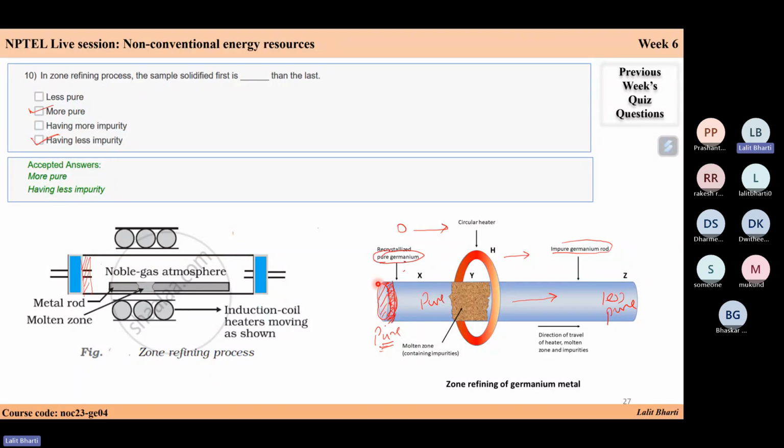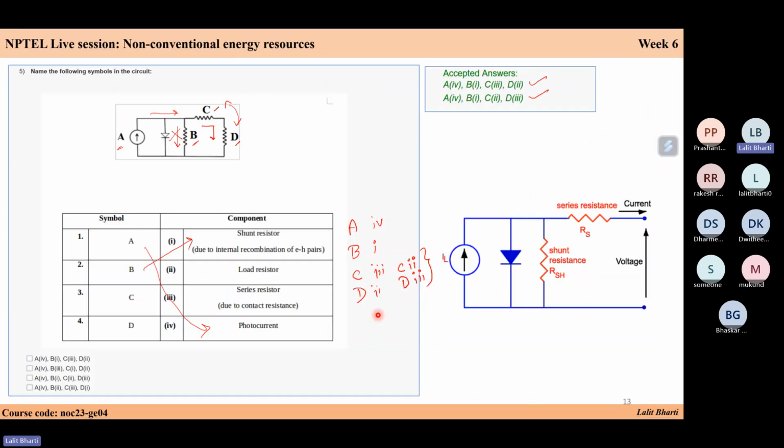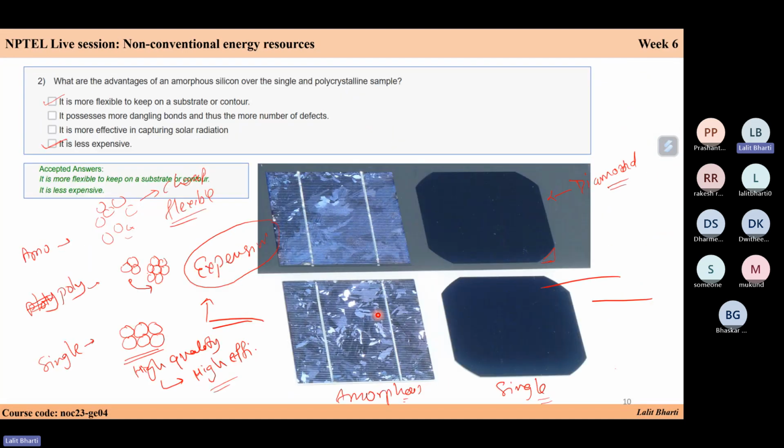In both cases, you will get a circular disk of silicon, either p-type doped or n-type doped. That is why you always have pure single crystalline silicon in the form of circular disks. So you need to cut them to fit the solar panel, and to minimize the wastage of space, they are cut like that.